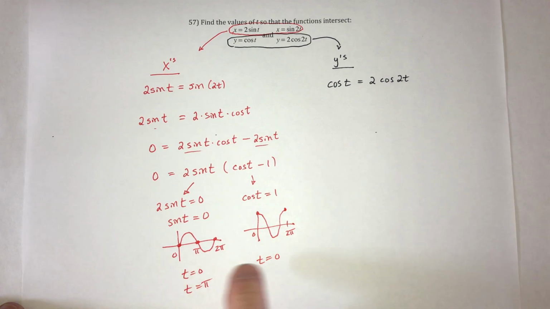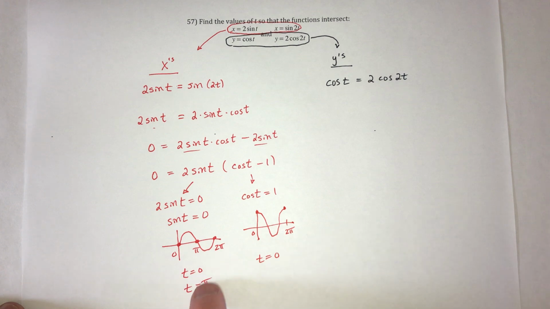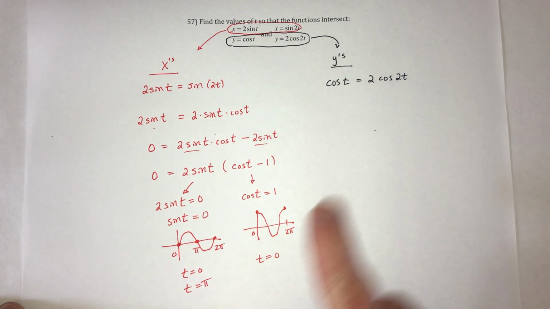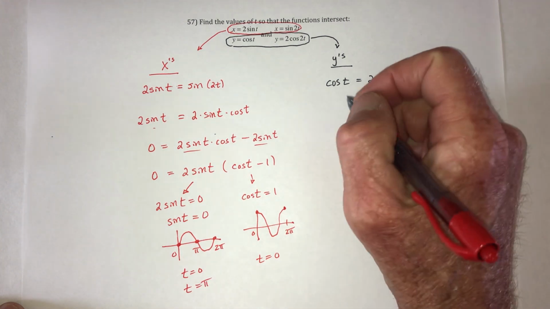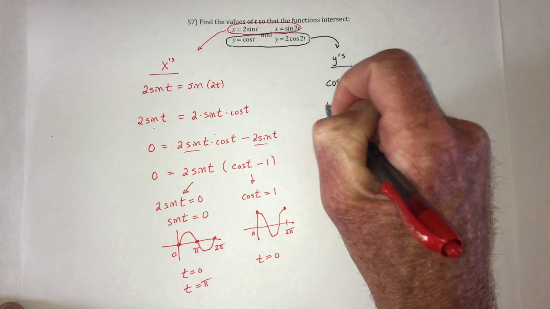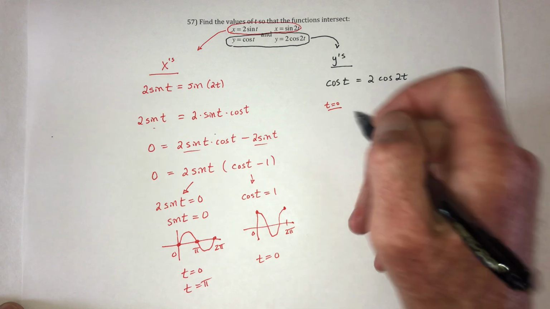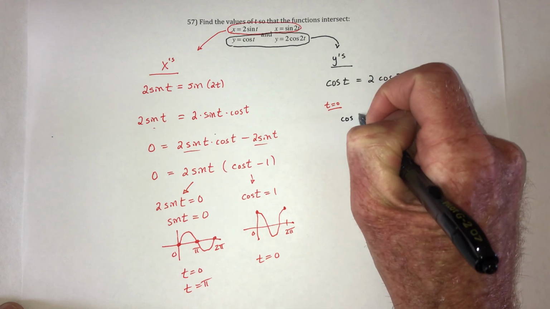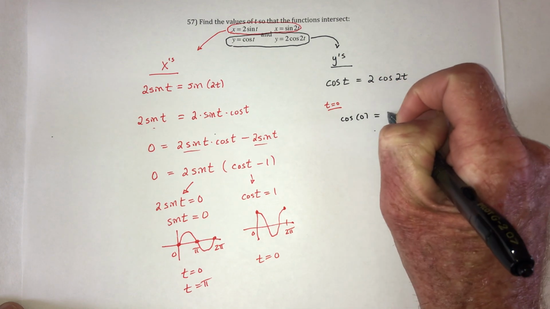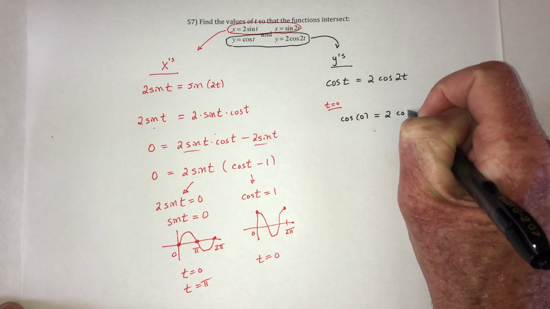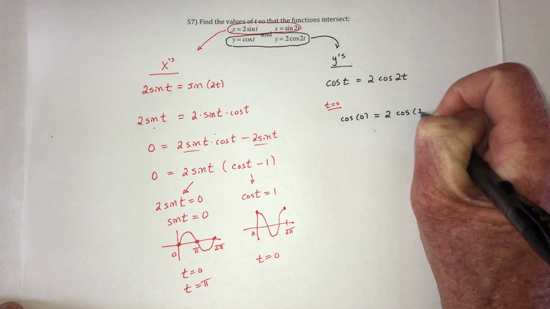So we get these three answers, which actually are just two answers, 0 and pi. Now try that over here. So if you put t equals 0, then that's going to say cosine of 0, does that equal 2 times cosine of 2 times 0?